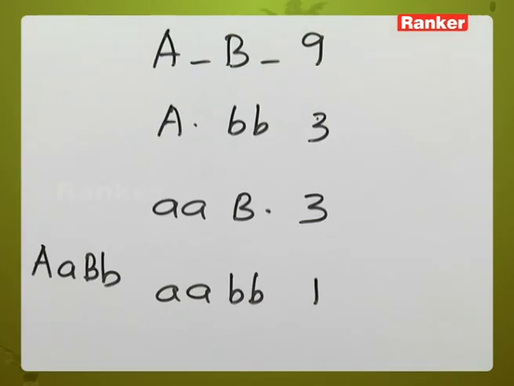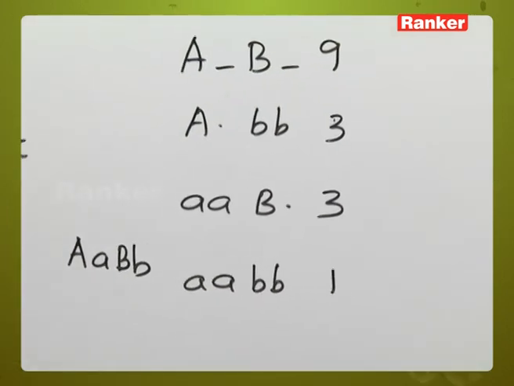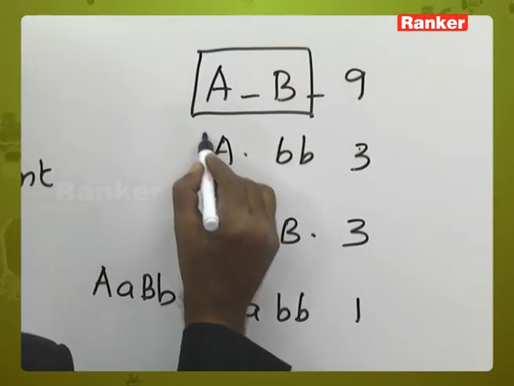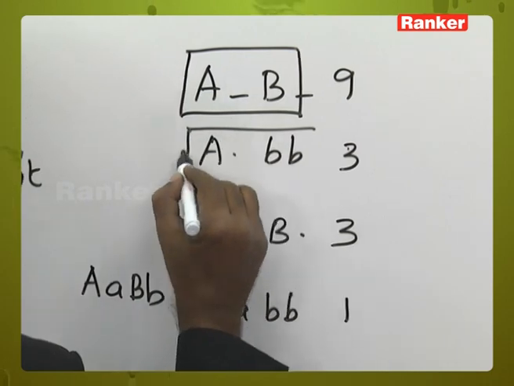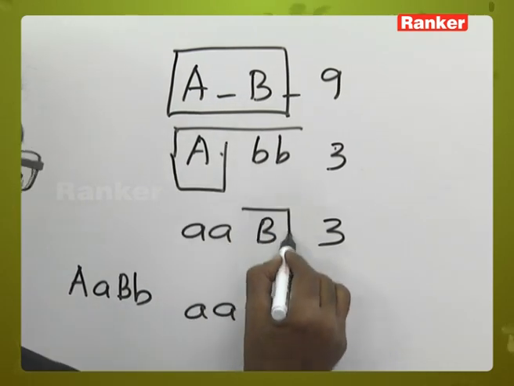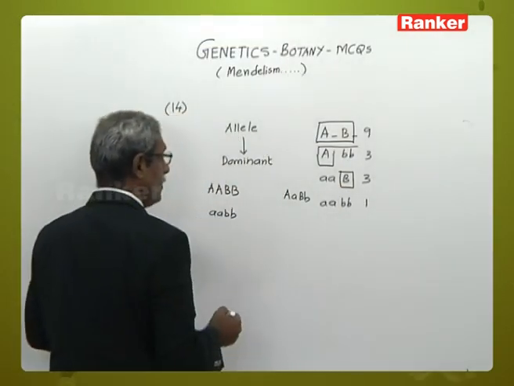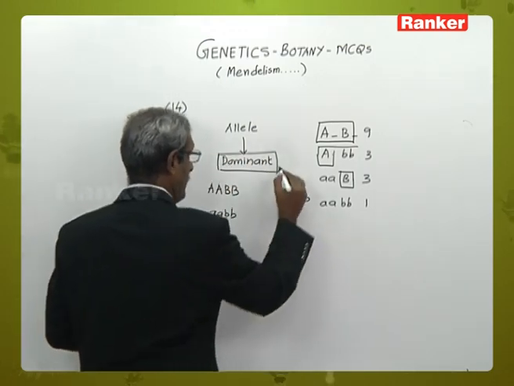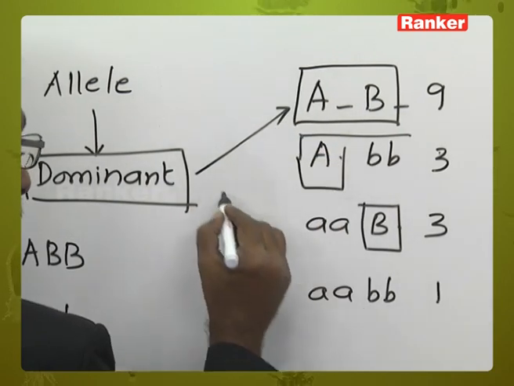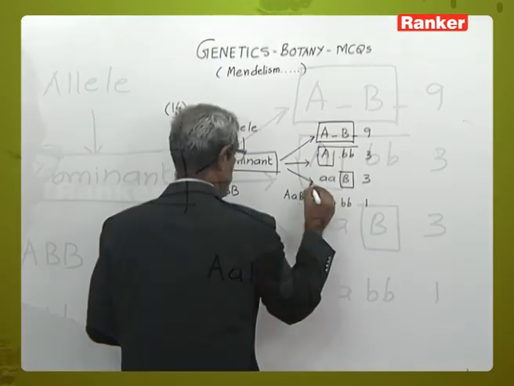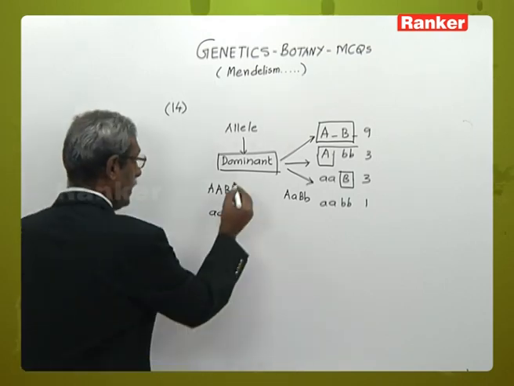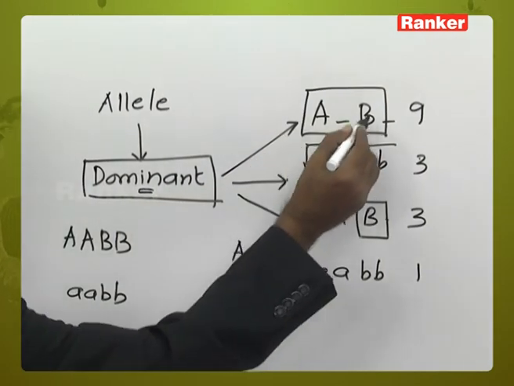Now, dominant alleles are normally seen in this condition, as well as in this condition, and even in the third condition. So dominance primarily refers to whether it is in the homozygous condition or in the heterozygous condition. So any allele you call dominant when it can be this way.